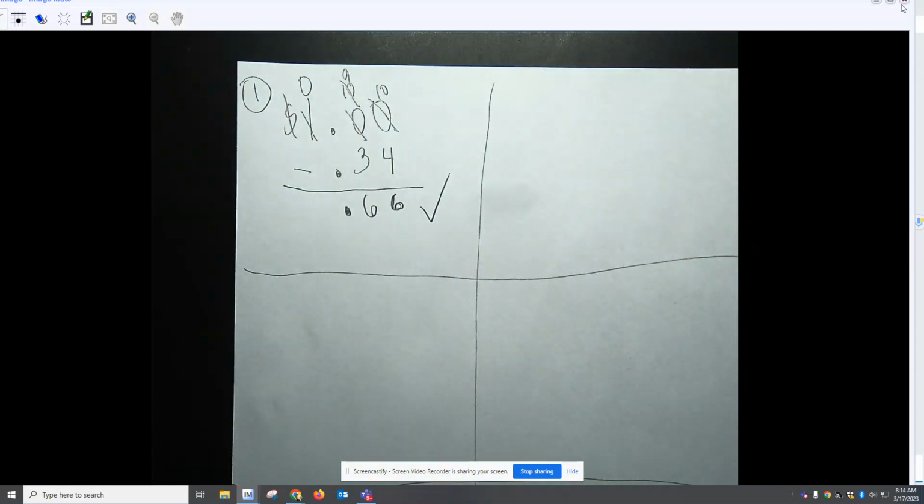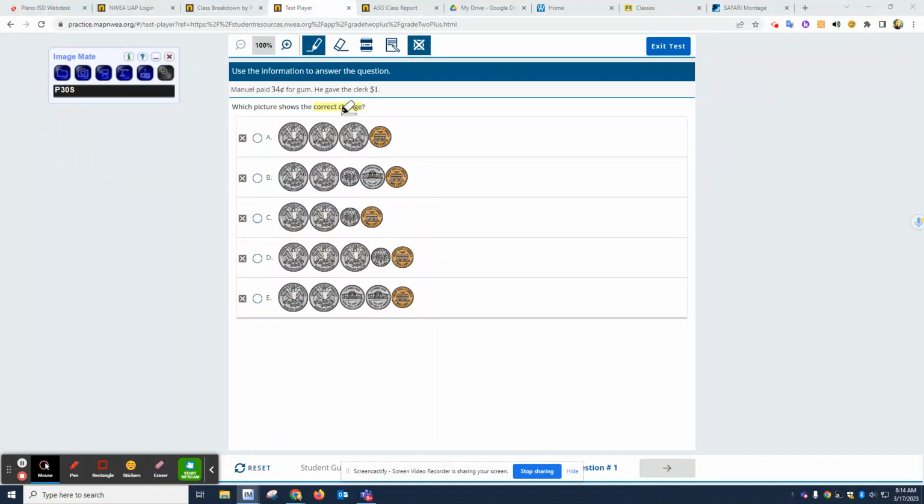I can go look now at my answers, and I see that they have them written in coins. This is where I might write A is 76 cents. B, 66. Because I actually have to do the math in my head. So I'm saying 25 plus 25 plus 10 plus 5 plus 1.